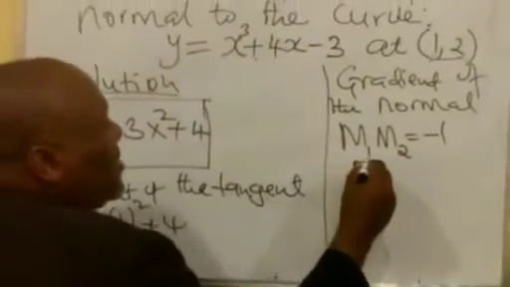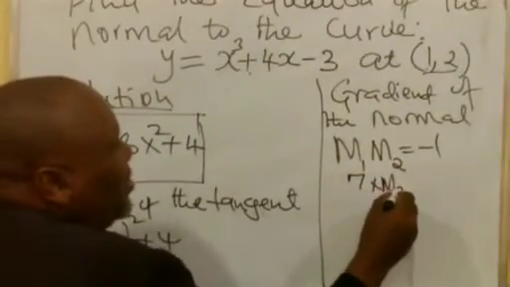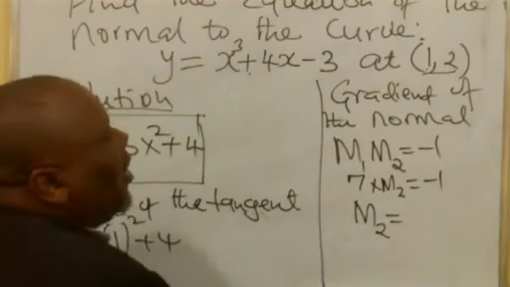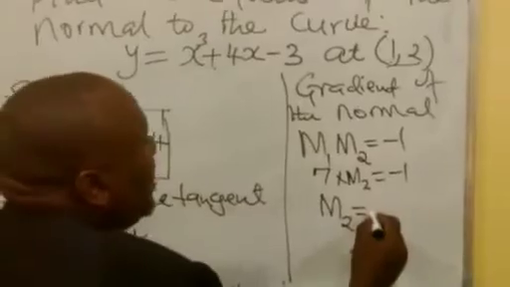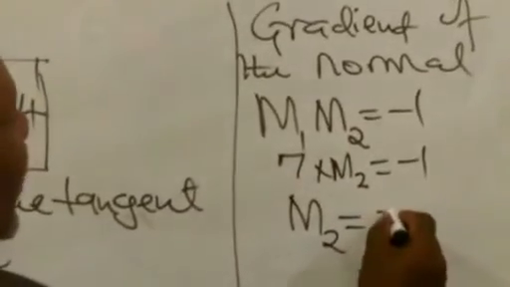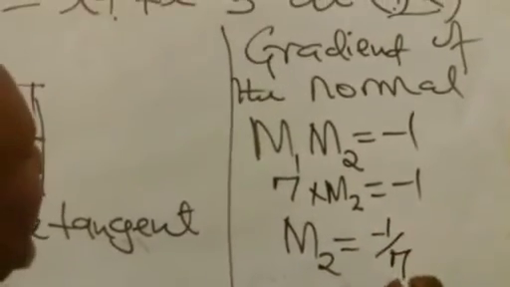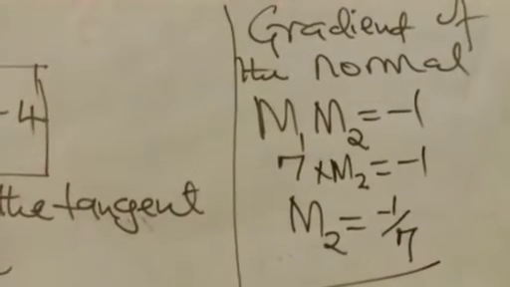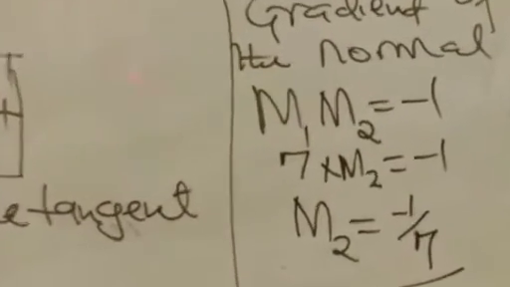So 7 times m2 equals -1. So m2, the gradient of the normal, is -1 over 7. The gradient of the tangent is 7, while the gradient of the normal is -1 over 7.